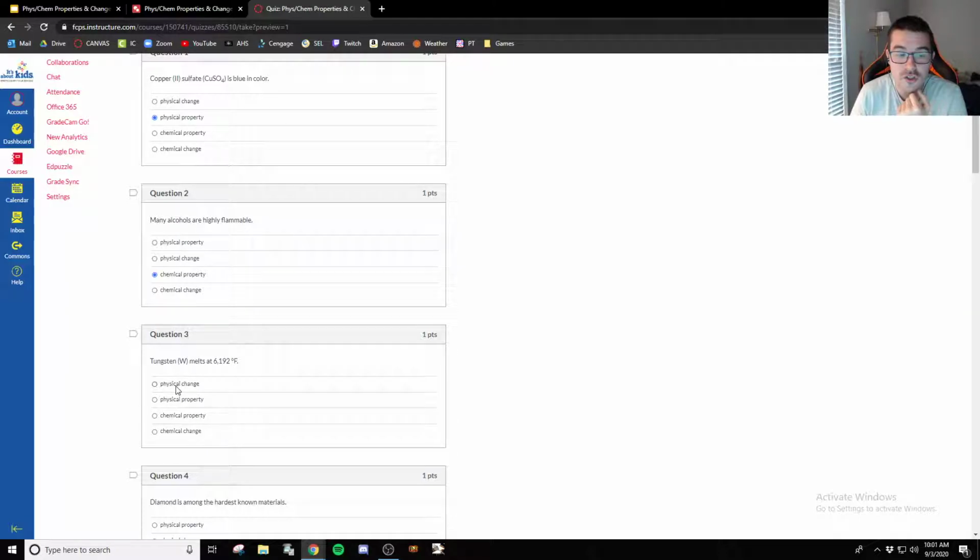We just have to choose, is it a change or a property? It does give us the specific melting point, so I'm going to pick physical property. If that happens to be wrong, it's definitely physical change. So when you do your second attempt, if you get some of these wrong, you would switch that over to the other physical option, because the wording there is a little bit complicated.